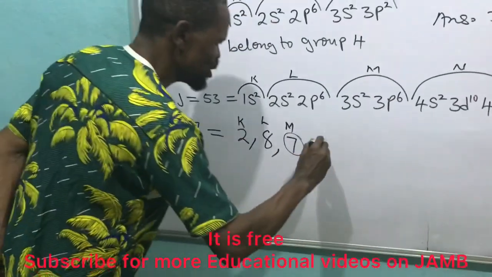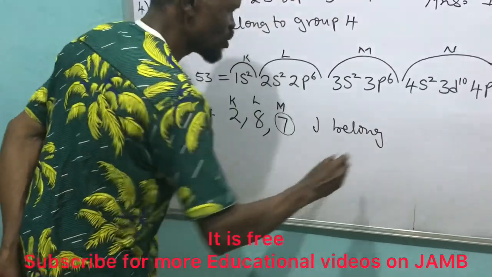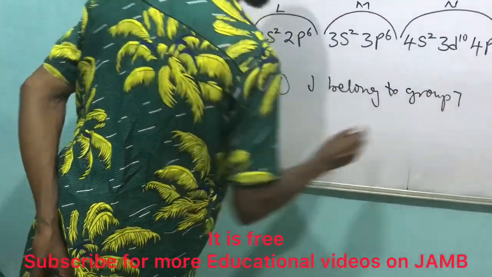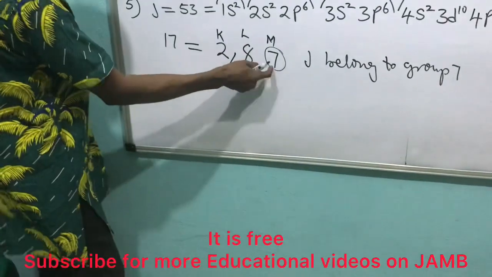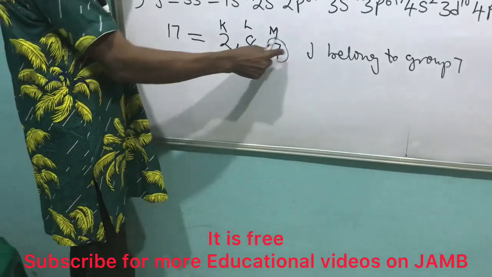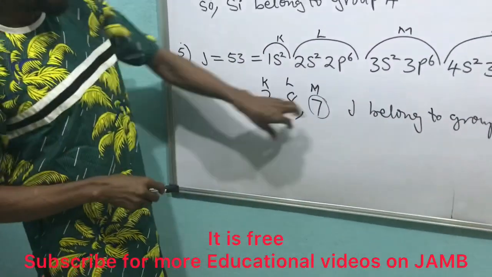That means J belongs to group 7. This is the last of my working: the split shell gives 7. This element belongs to group 7.